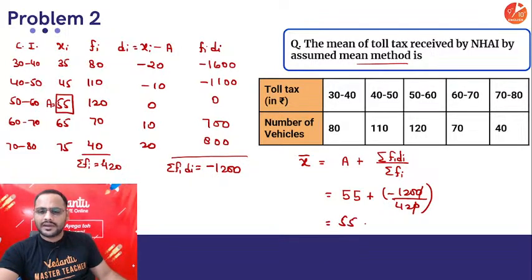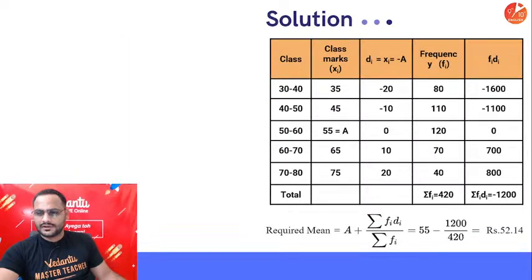So minus 2.9 it will come. So it is going to be 52.1 something, 52.14.